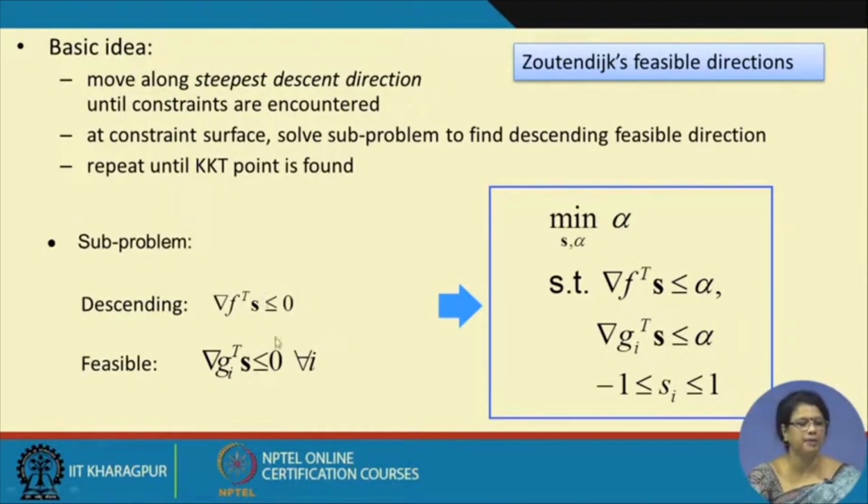If we want to maximize, what will happen? Starting from one point, I will get a direction, but it may happen that I will be out of the feasible space. To remain negative, at the most we can go up to 0, that means up to the boundary of the feasible region. So I have to minimize the alpha value.